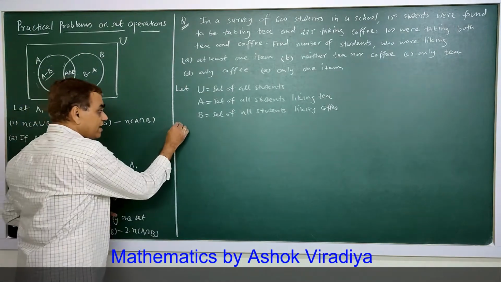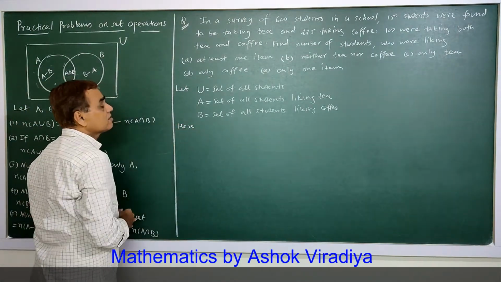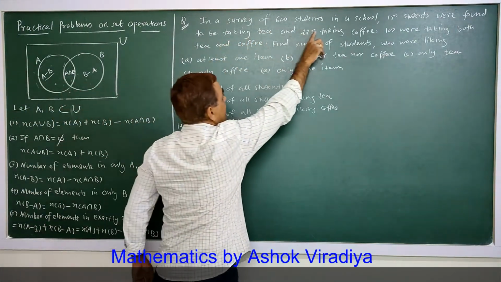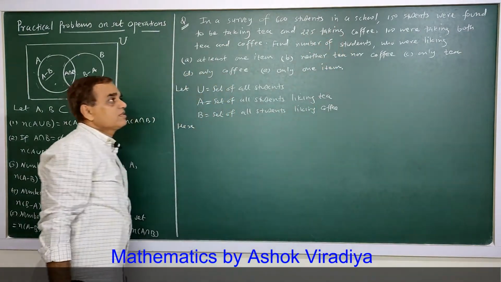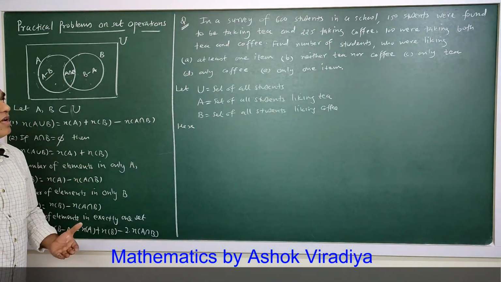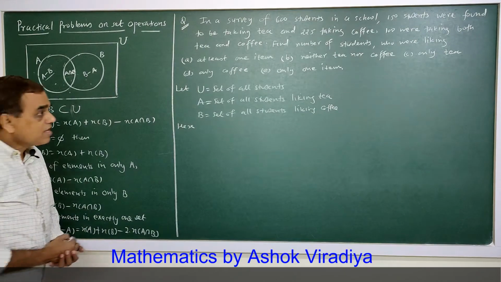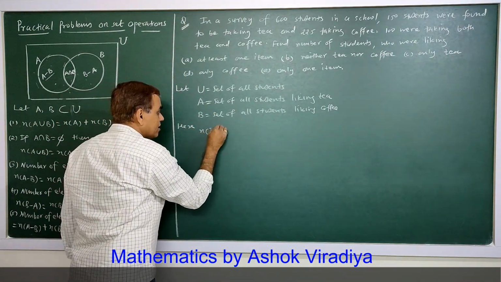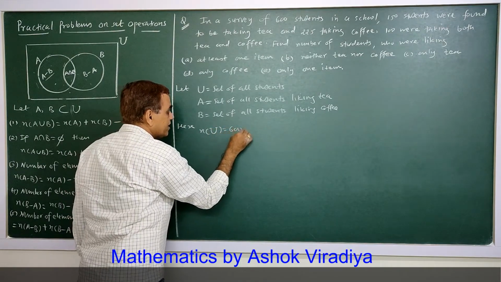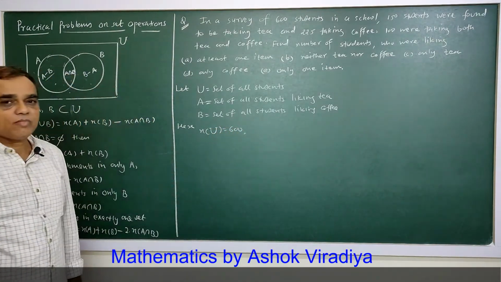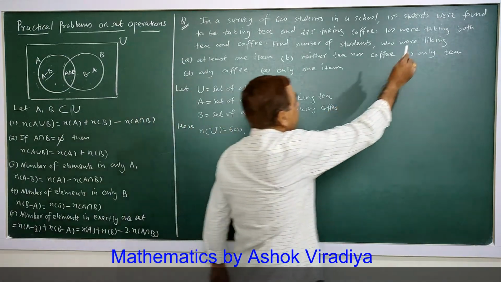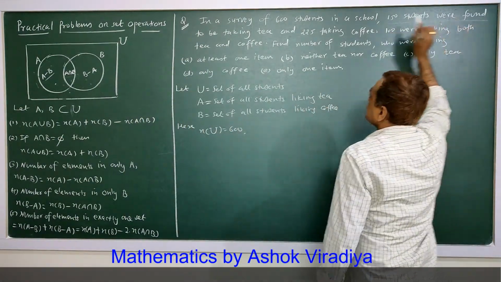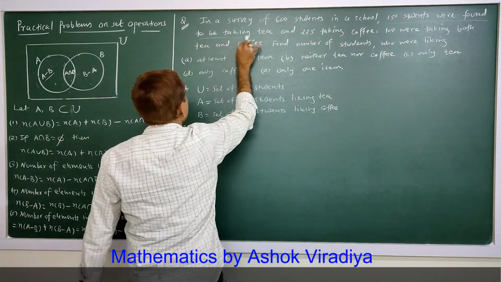Now see, here values are given. Survey of 600 students in a school has been done. Means number of elements in U is 600. 150 students were found to be liking tea.